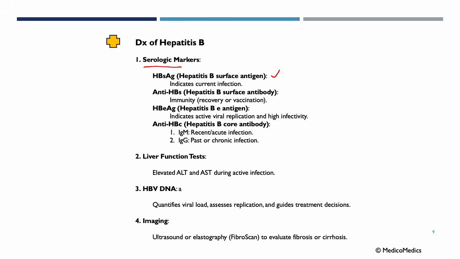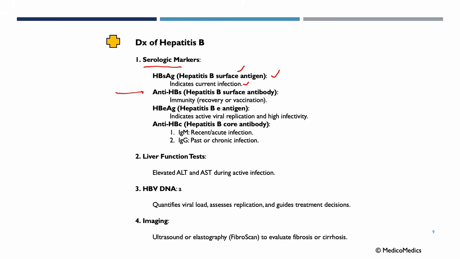This antigen is a component of the hepatitis B virus envelope, and it is the first detectable marker in an acute infection. Usually it appears within 1 to maybe 8-10 weeks after exposure to the virus. So surface antigen of Hep B means it's a current ongoing infection.